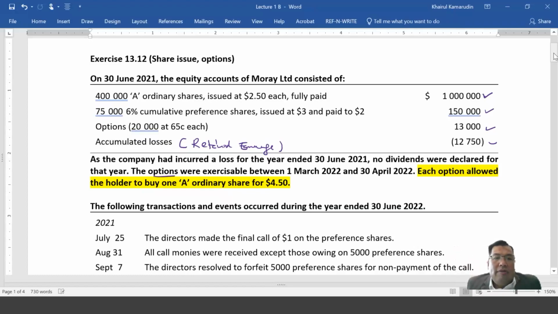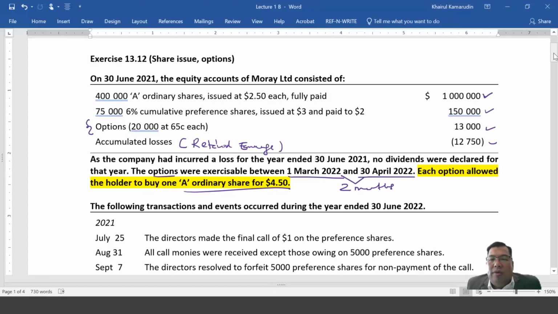The options were exercisable between 1st March 2022 and 30th April 2022. So you're giving them 2 months to decide whether they want to exercise, whether they want to use their right to buy shares. Each option allowed the holder to buy one A ordinary share for 450 each.